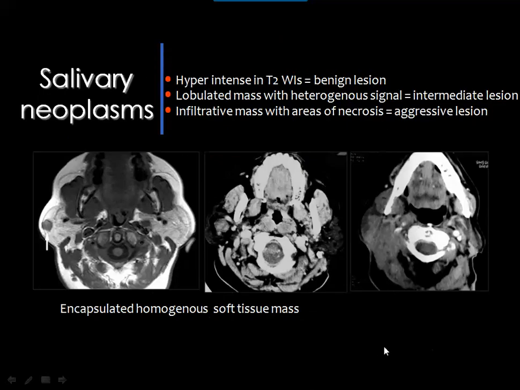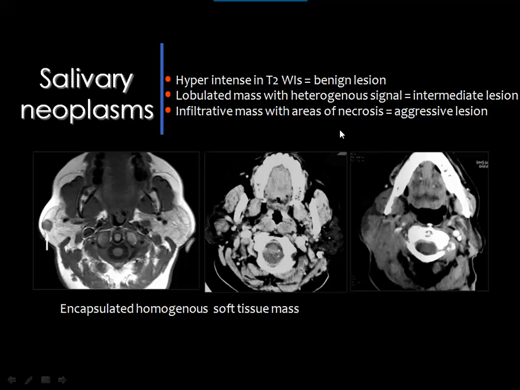If you see a mass in the parotid gland and you want to judge the possibility of it being benign or malignant, the first supportive criterion is a localized, well-defined margin of the lesion, which usually favors the diagnosis of a benign lesion.